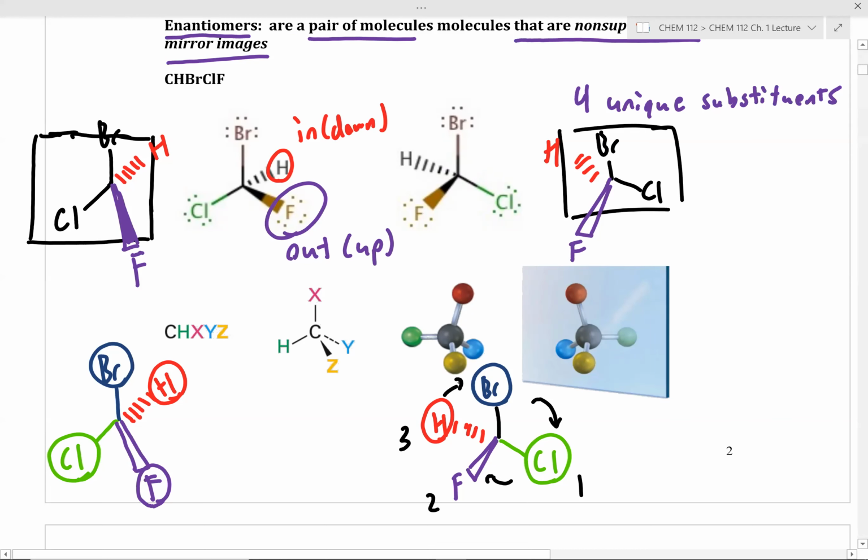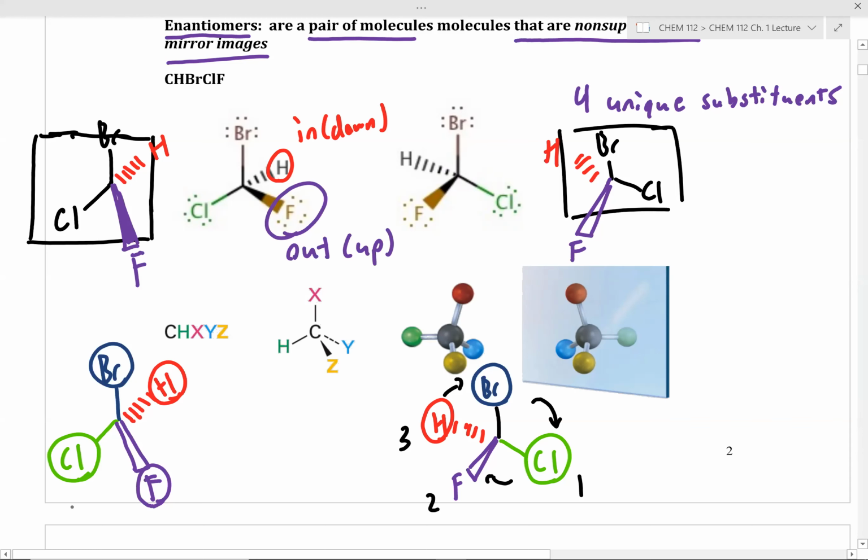So after rotation in a clockwise pattern, essentially what we're doing in this case is changing our viewpoint so that we're looking at it from the same perspective as our enantiomer on the left.